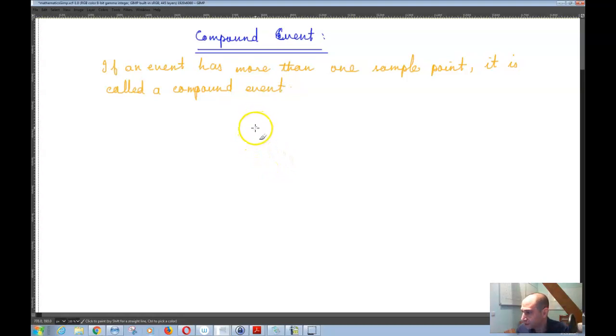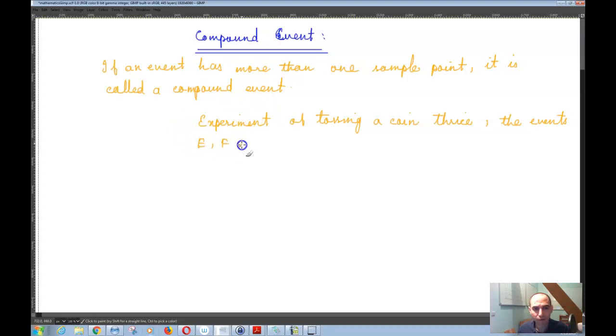For example, in the experiment of tossing a coin thrice, the events E, F, and G are all compound events. I'll tell you about the definitions in just a few moments.